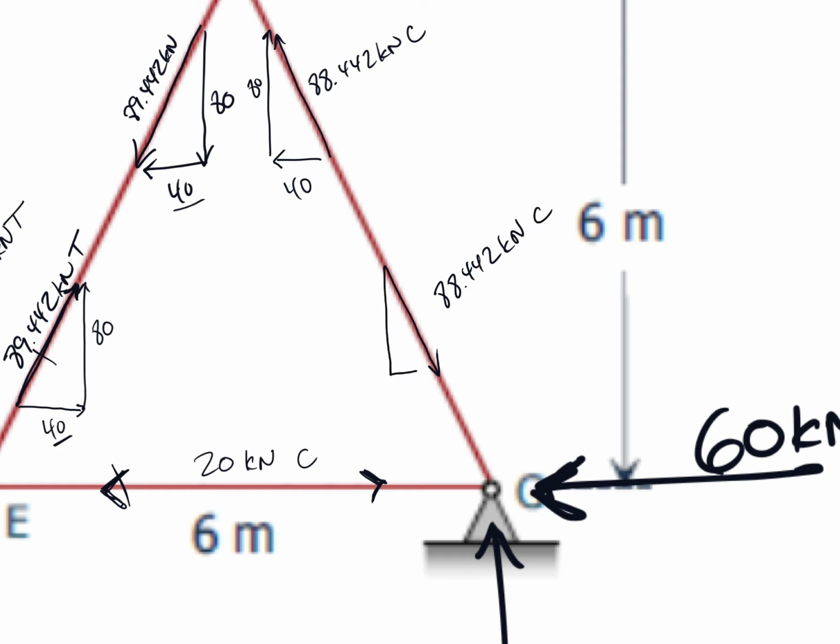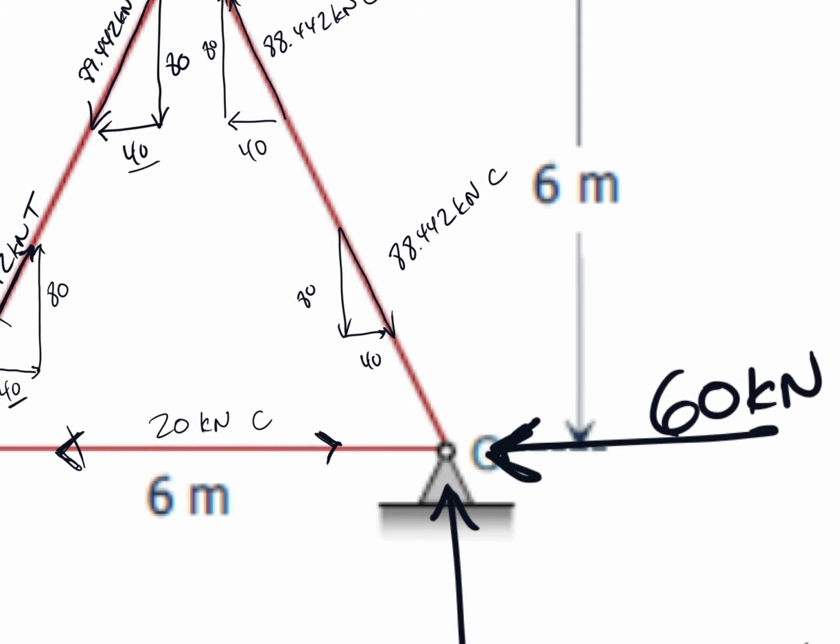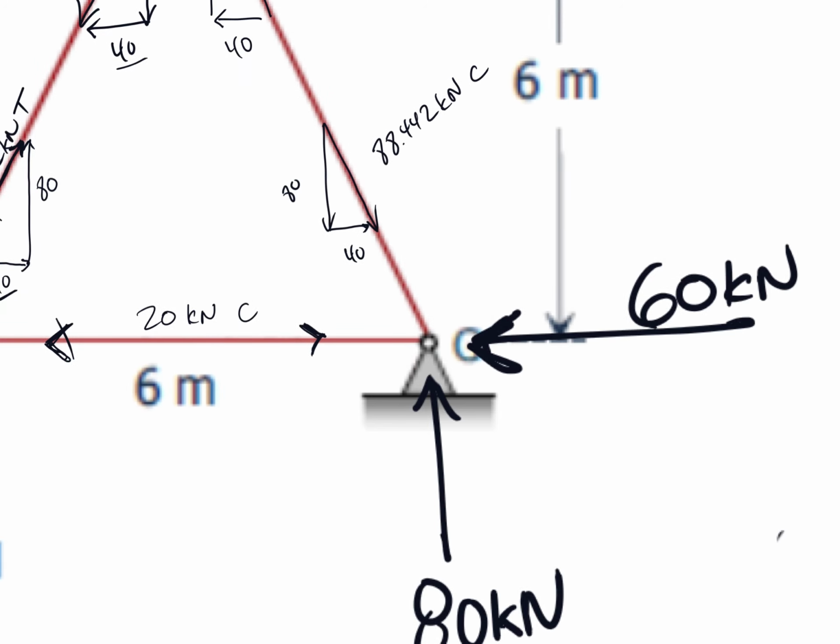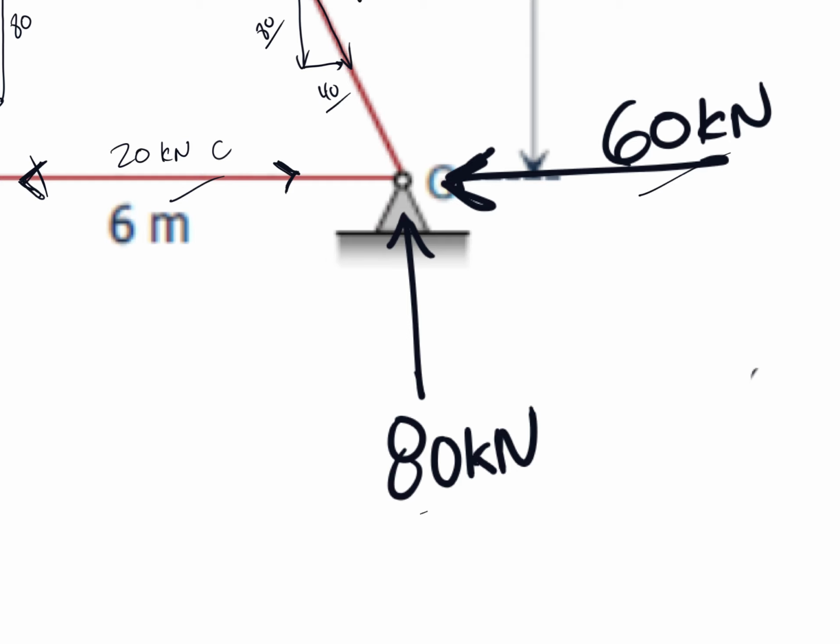And again, same force triangle, 80 and 40. Okay, so let's see if this all adds up. So in the x direction, we've got 20 to the right, 40 to the right. That adds up to the 60 to the left. We're looking good. In the y direction, we've got 80 down, we've got 80 up. Boom. Okay. QED. We like QED.